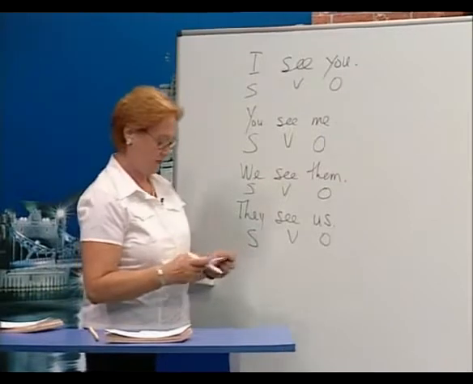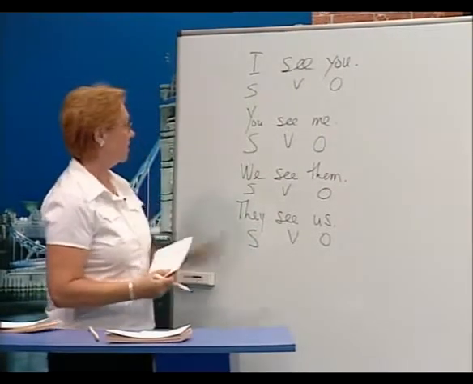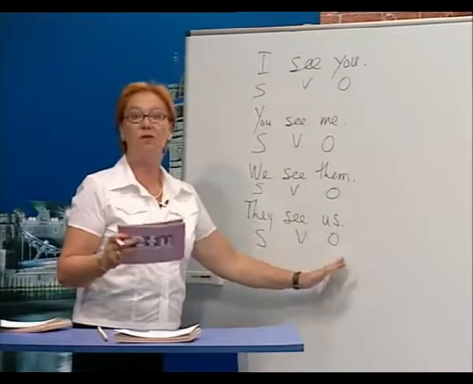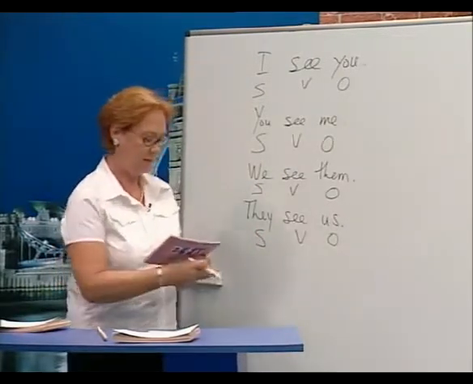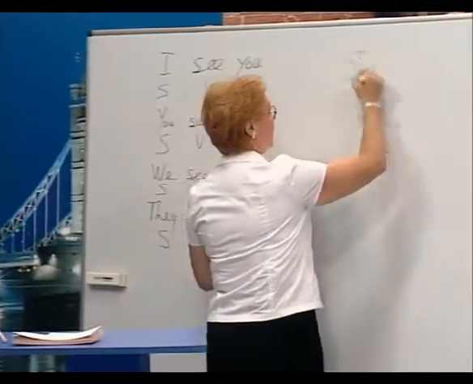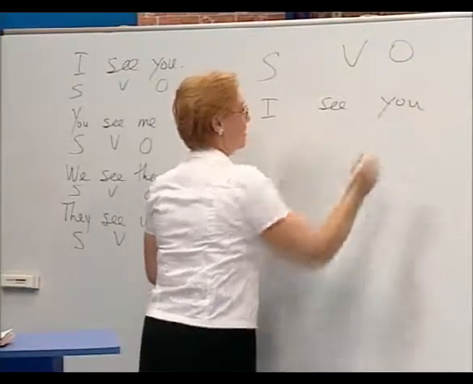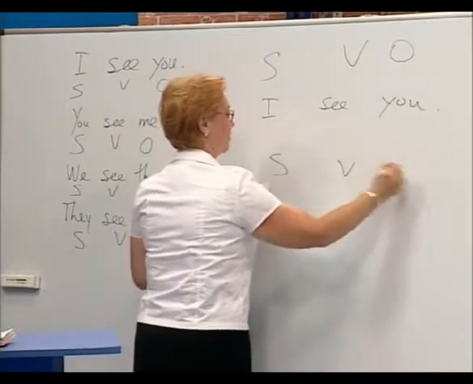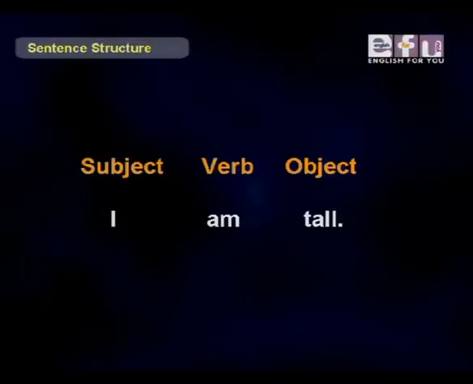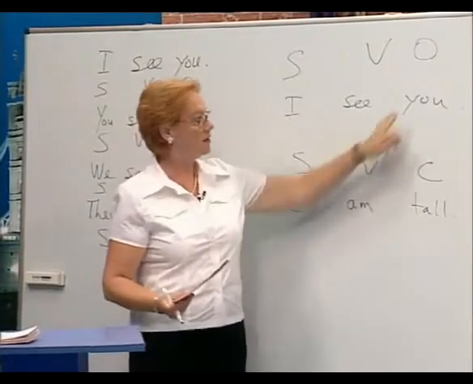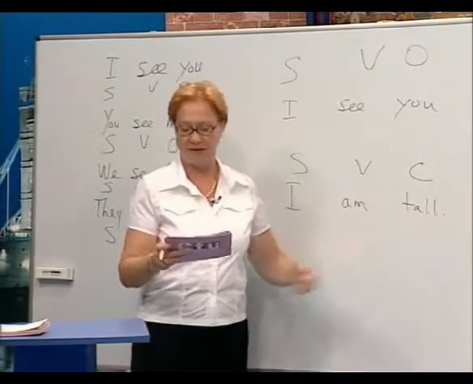Okay, now remember, in sentence structure, subject, verb, object, or complement. So, subject, verb, I see you, this is the object, or subject, verb, complement, I am tall.